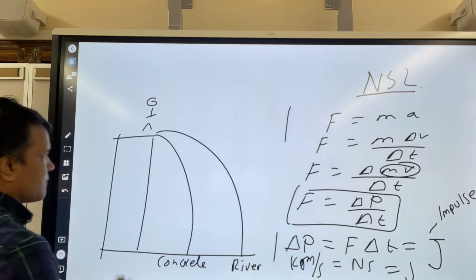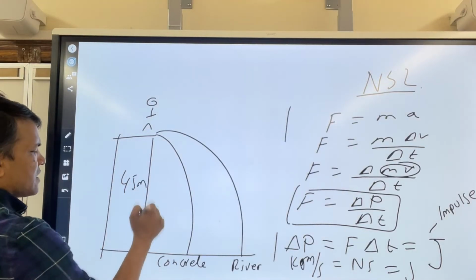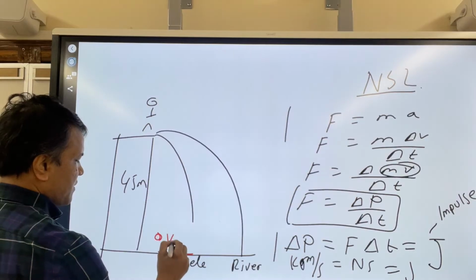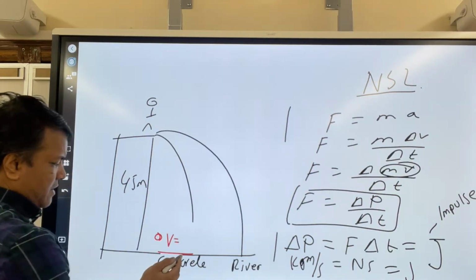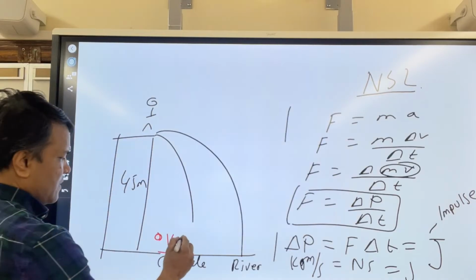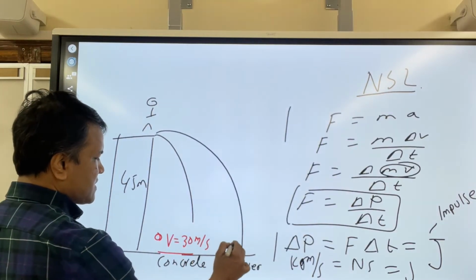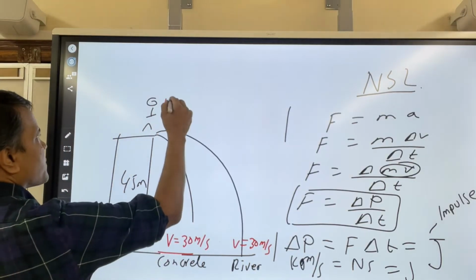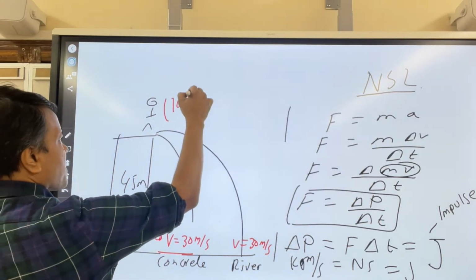Velocity would be the same. He is going to hit the ground at 30 meter per second, because this is 3 times 10. Mr. Body is 100 kilogram.